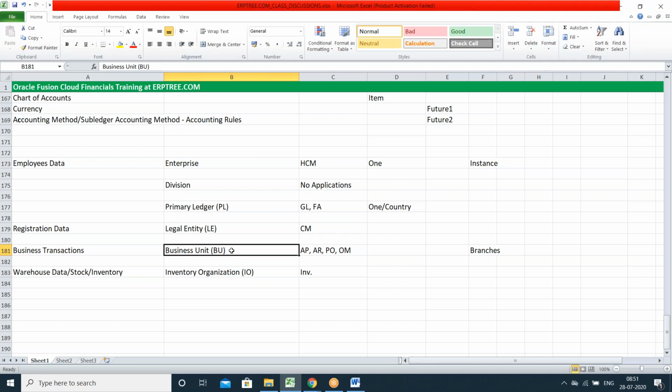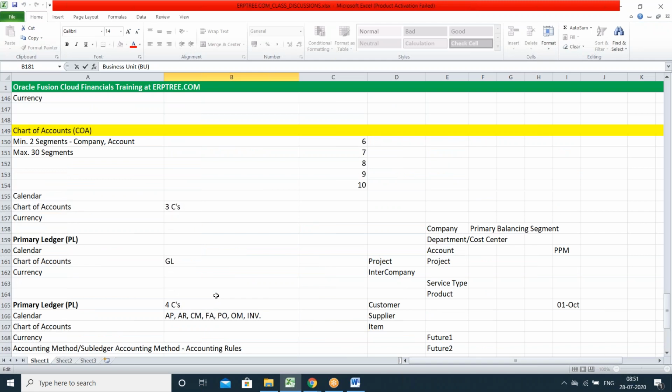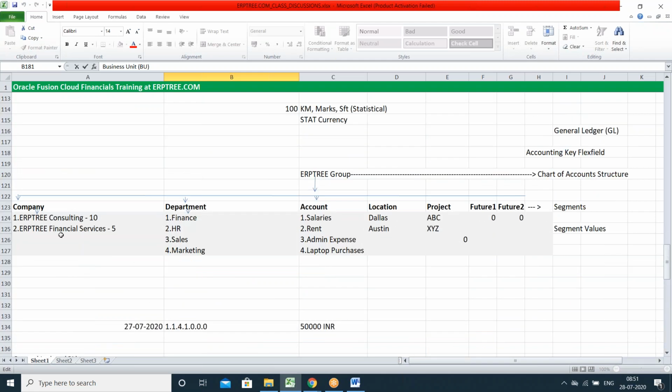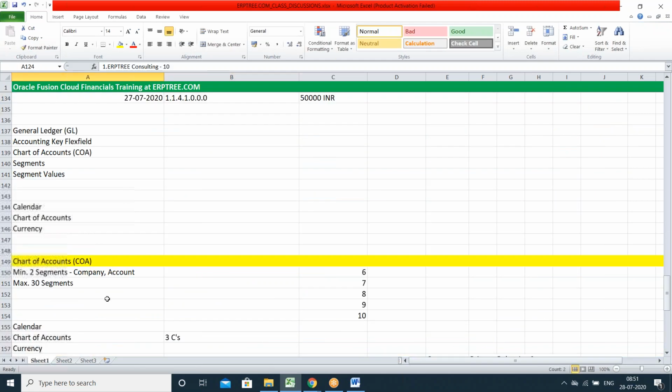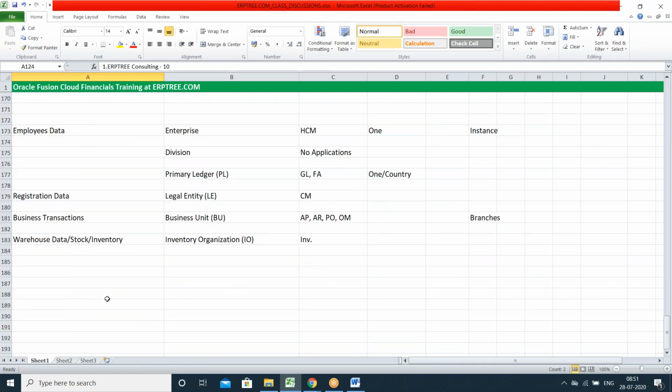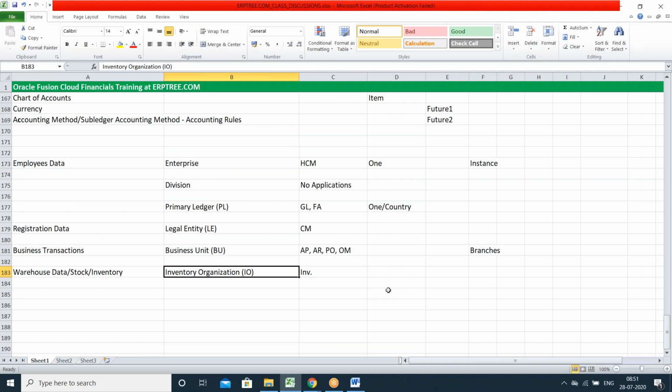But when you create the business units, a very important point is that the number of business units should equal the number of companies you are going to create within the chart of accounts under the company segment. However many warehouses we have in the business, those many inventory organizations we have to create in the system. So these are the points we have to understand. Now, any questions from anyone, please?